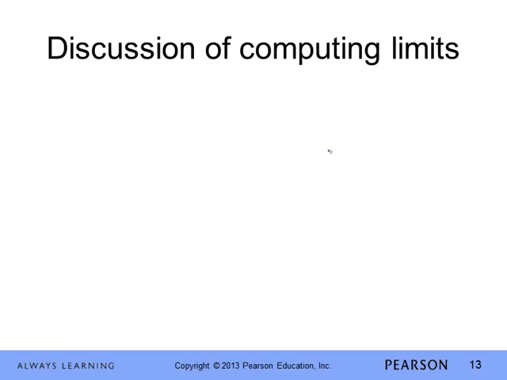Polynomials, square roots, logarithms, trigonometric functions, etc. But what about this function? They talk about on page 910. What about f of x, y is equal to x squared minus y squared over x minus y?